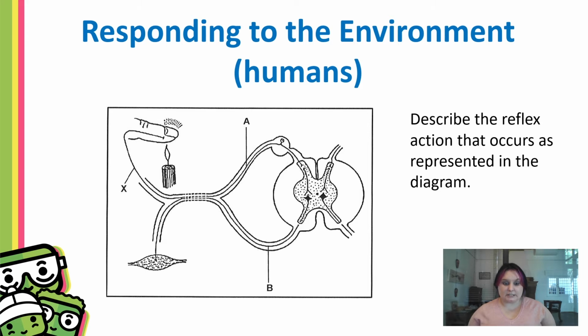Stimulus is the change in our external environment. And in this case, the stimulus is the flame from the candle, the fire. So receptors in our finger pick up on a change in the stimulus, which is the flame. The receptors in our finger then take that information and turn it into a nerve impulse.